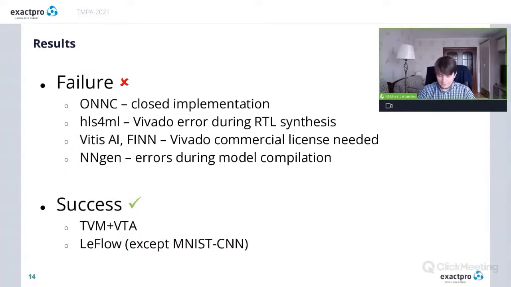But it hasn't managed to synthesize the convolutional neural network. The other tools have failed, but because of different reasons, like errors, licensing problems, or some closed implementations.